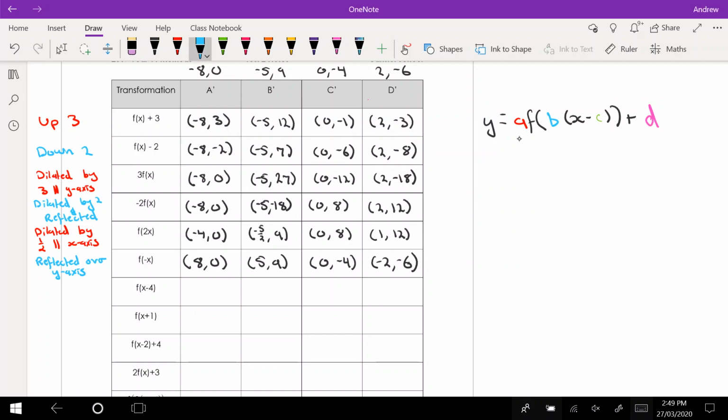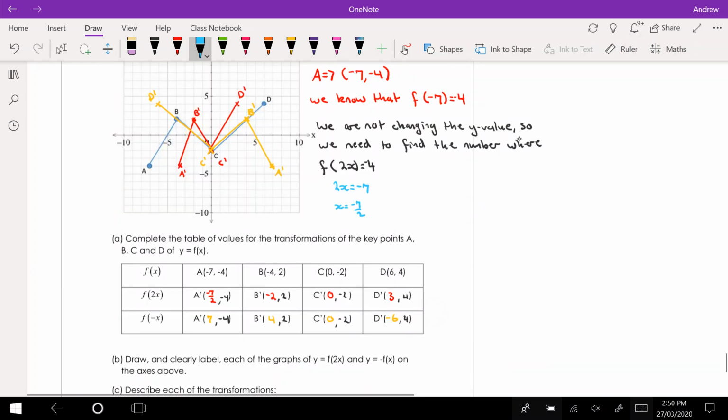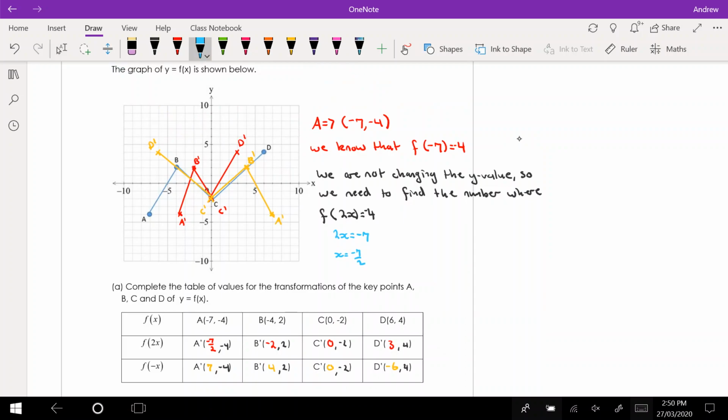However, b dilates by a factor of 1 over b. That's just the rule that takes place. Remember when we were talking about our transformations yesterday, or maybe it was the day before, and we have this situation here.